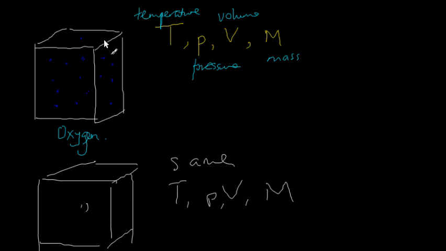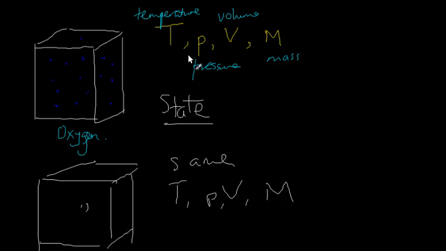So for this reason, we think of these four quantities as describing something about the state of this gas. We think about this as telling us about the states of the gas. As long as we know what these values are, or we specify these four values, we would have specified the state of the gas.